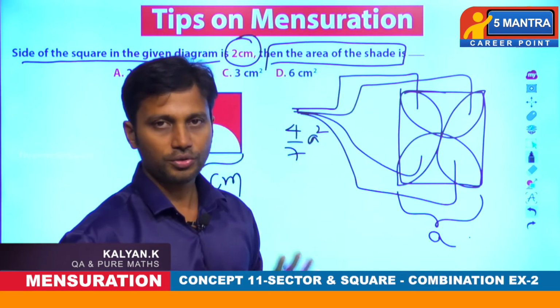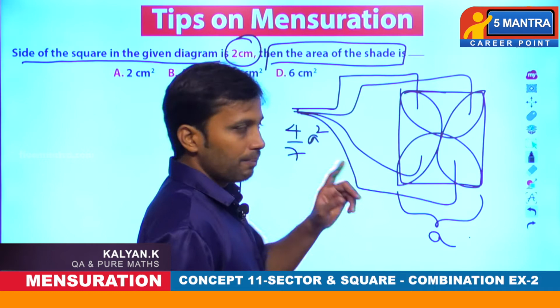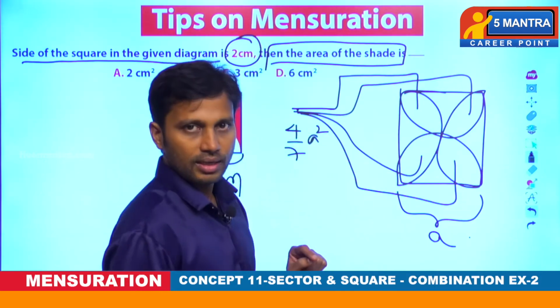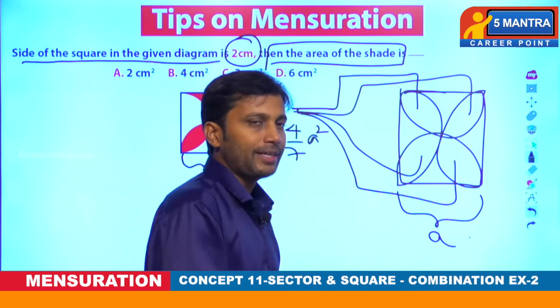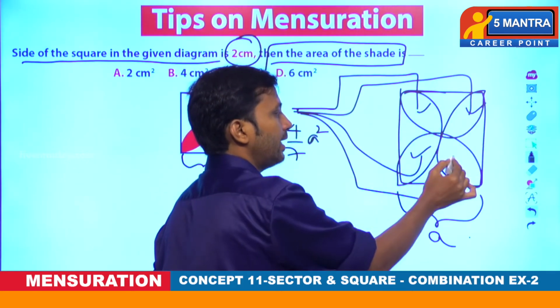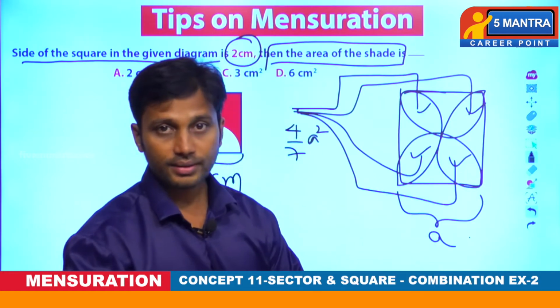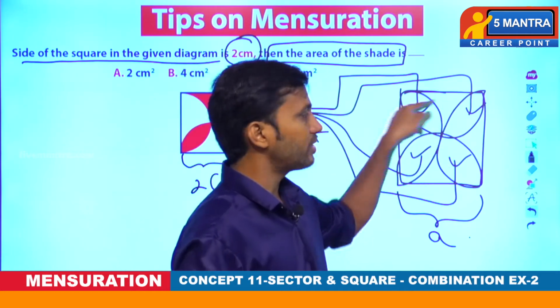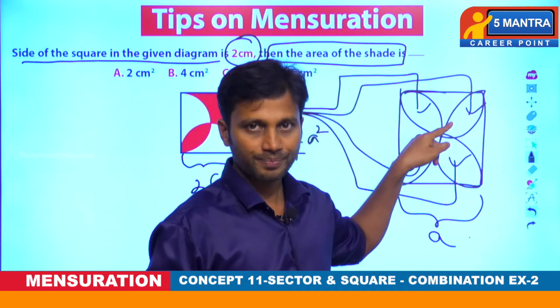That was already taught to you. So now my question is, this 4 by 7 a square is the area of how many petals? 1, 2, 3, 4, isn't it? So this is the total area of the 4 petals of the flower.